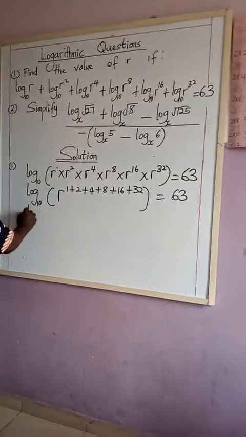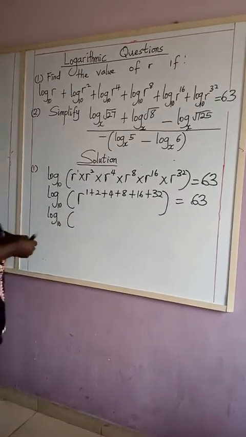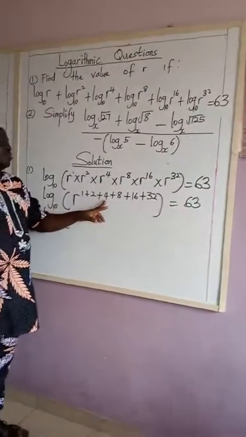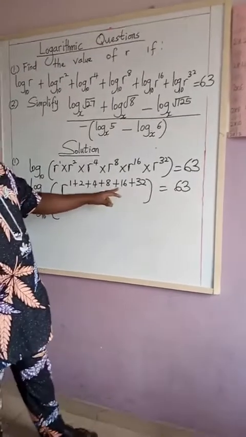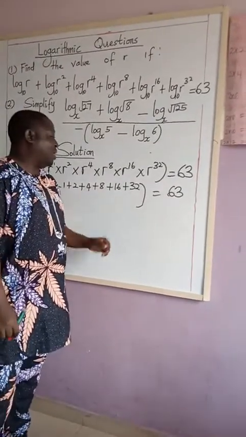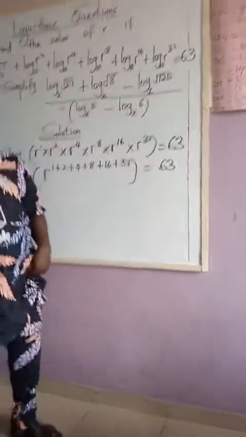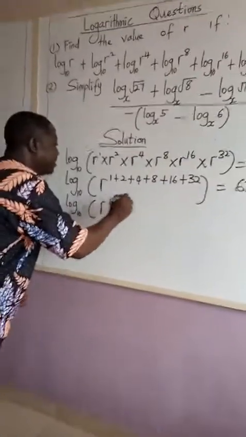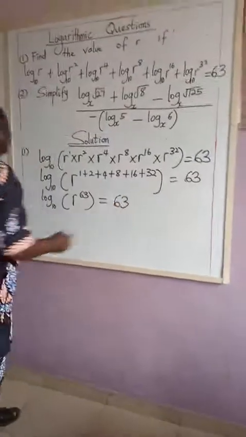And this is now equal to logarithm in base 10 of, 1 plus 2, 3, 3 plus 4, 7, 7 plus 8, 15, 15 plus 16, 31, 31 plus 32, that is 63. Logarithm in base 10 of r raised to power 63 then is equal to 63.